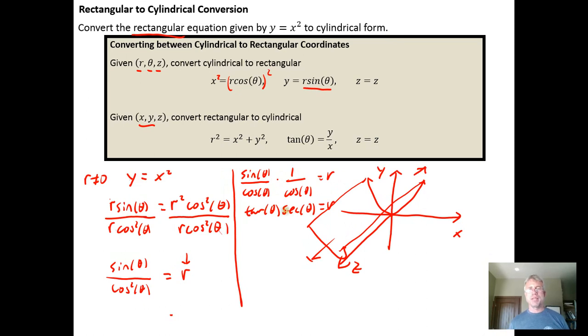And the secant of theta is never equal to 0, but the tangent of theta is equal to 0 when theta equals 0. So again, we aren't losing information by having divided by r right here.